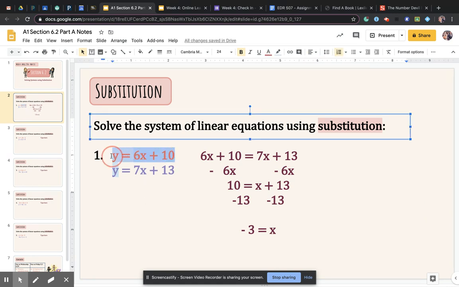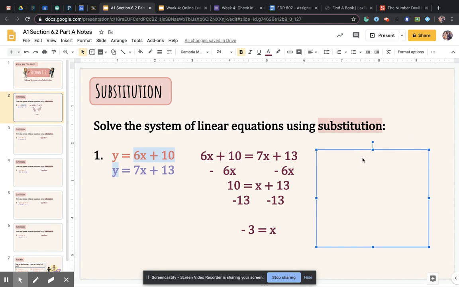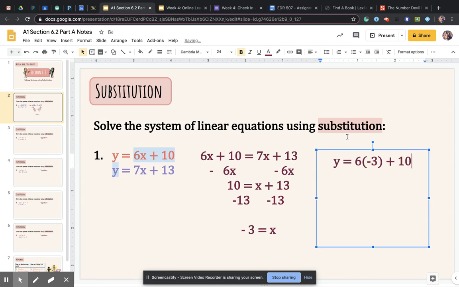I'm going to take the first equation and plug in negative 3 for x. So y is equal to 6 times negative 3 plus 10. This is why we were checking last week, to practice plugging in values. If I simplify this, 6 times negative 3 is negative 18, plus 10, and negative 18 plus 10 equals negative 8.